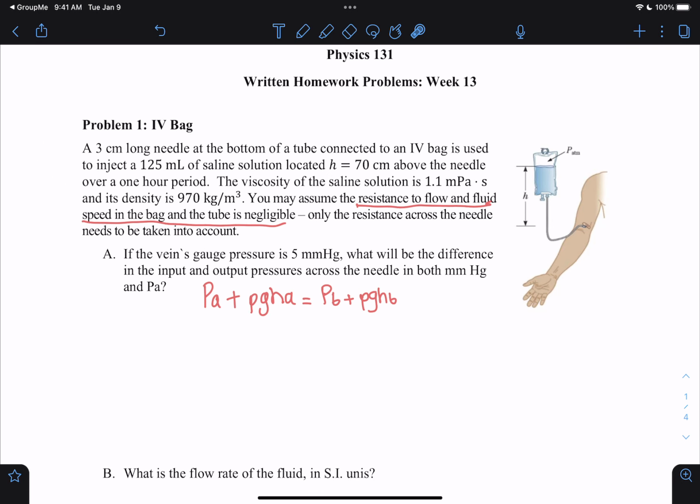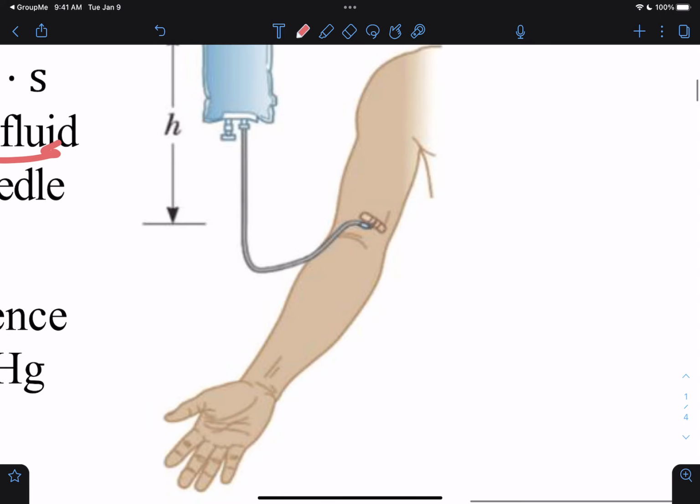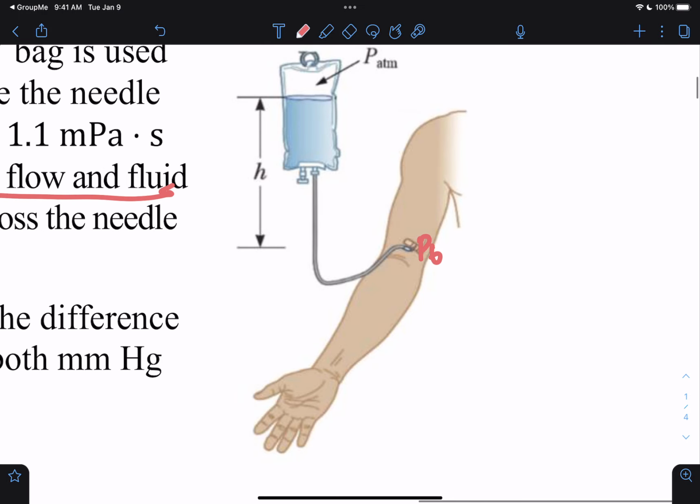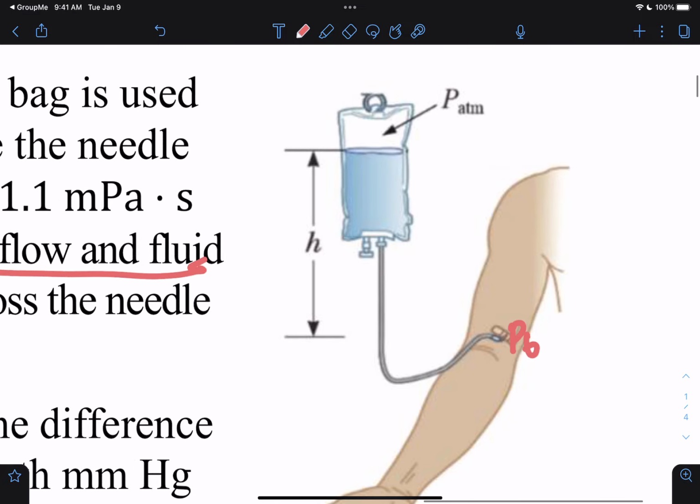So pressure at A, I usually like to say pressure at A is at the top, B as in bottom, right? So we can make this pressure point here, P_B, at the bottom, 70 centimeters below the IV bag here.